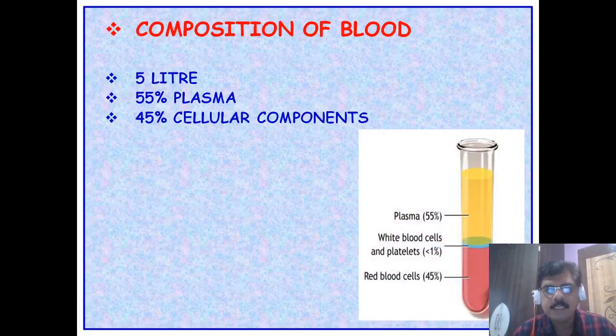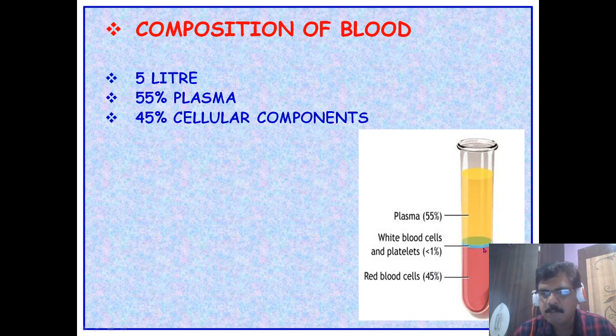Then next, composition of the blood. Approximately 5 liters of blood is present in the human body. That is approximately 10% of the body weight. And out of that, 55% is in the form of plasma or the liquid component, and 45% is in the form of the cellular component, that is WBCs, RBCs and the platelets.